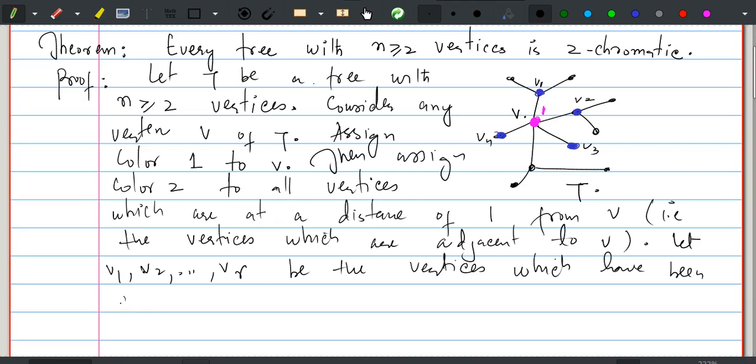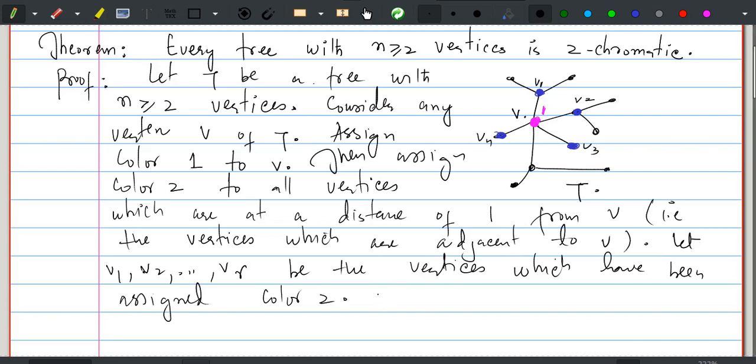Here in this case the color 2 is assigned to the vertices v1, v2, v3 and v4. Now what we do next is assign color 1 to all vertices which are adjacent to these vertices, I mean the vertices which are at a distance of 2.